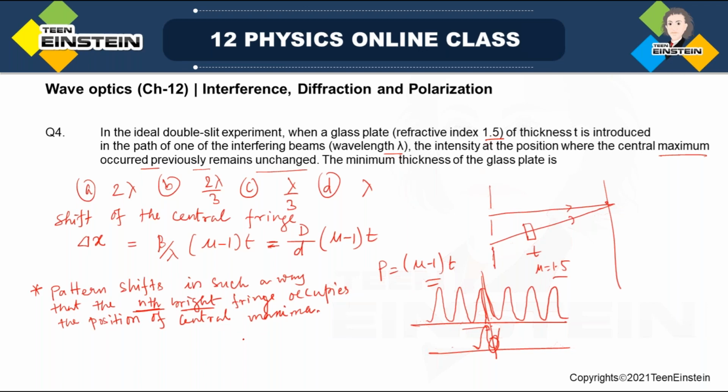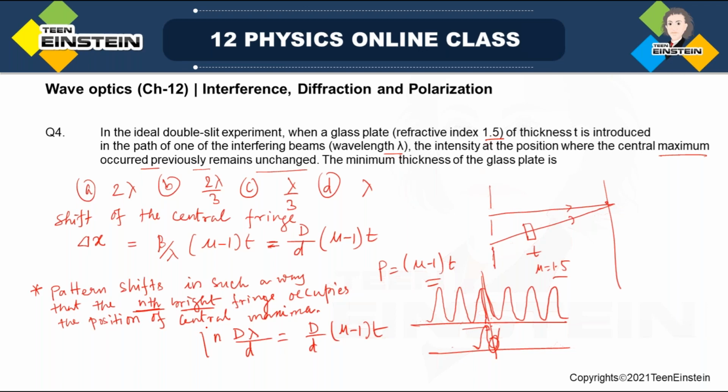So for the nth bright fringe we can write d lambda by d into n equal to capital D by small d, mu minus 1 into t.